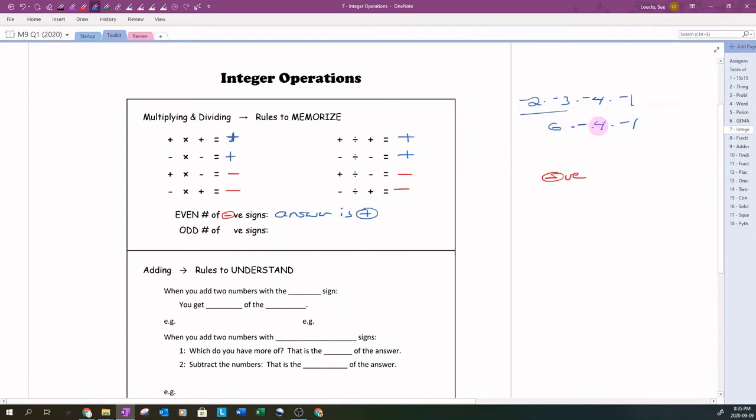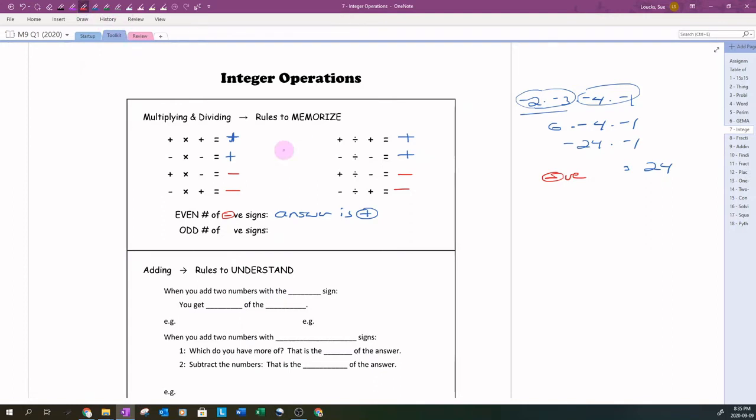So 6 times -4 is -24, and then that's times -1, that's +24. You can actually think of it as the negatives pair up, and anytime you have a pair of negatives, they make a positive. Okay, so if you've got an even number, your answer is positive.